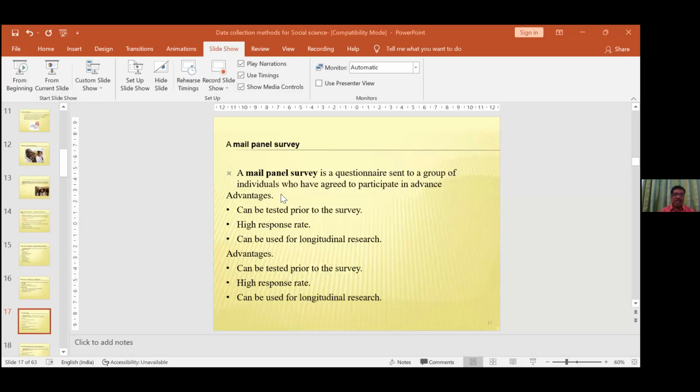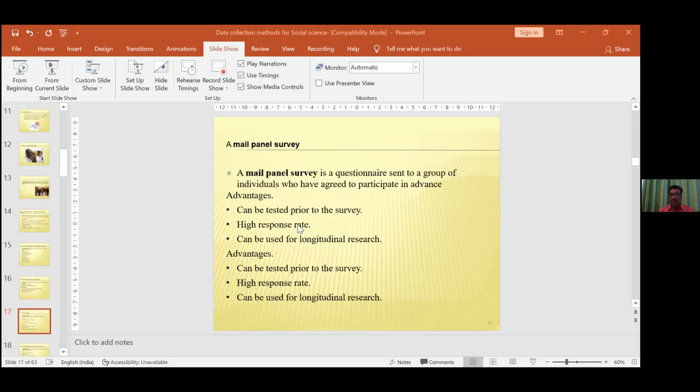What is a mail panel survey? A mail panel survey is a questionnaire sent to a group of individuals who agree to participate in advance. They can even be tested prior to the study. When you adopt this method, you can get a high response rate because the respondents are willing and come forward voluntarily. Similarly, you can use the same approach for longitudinal research.